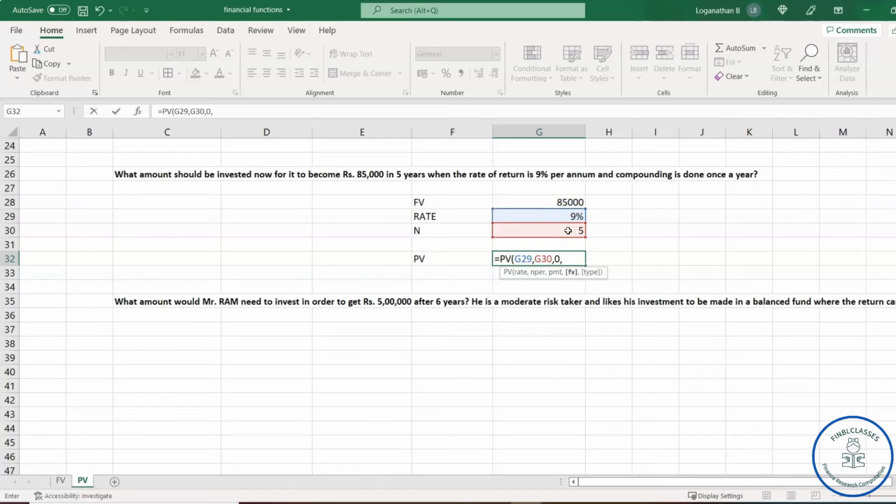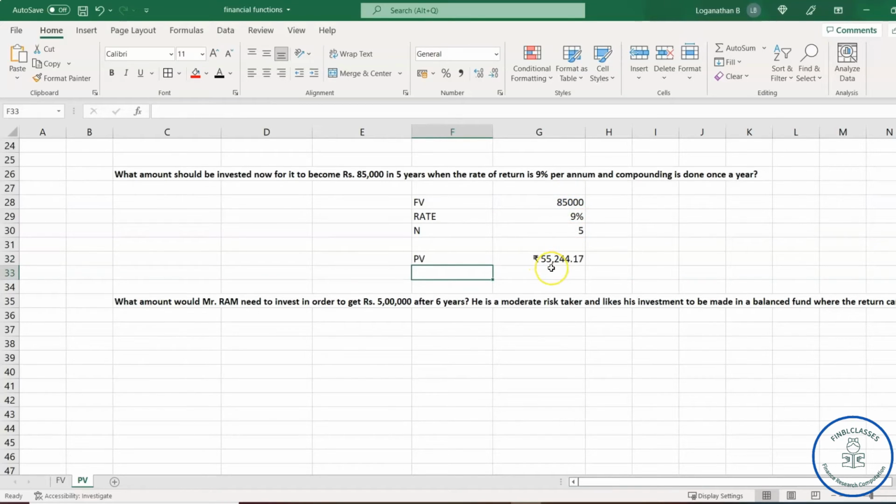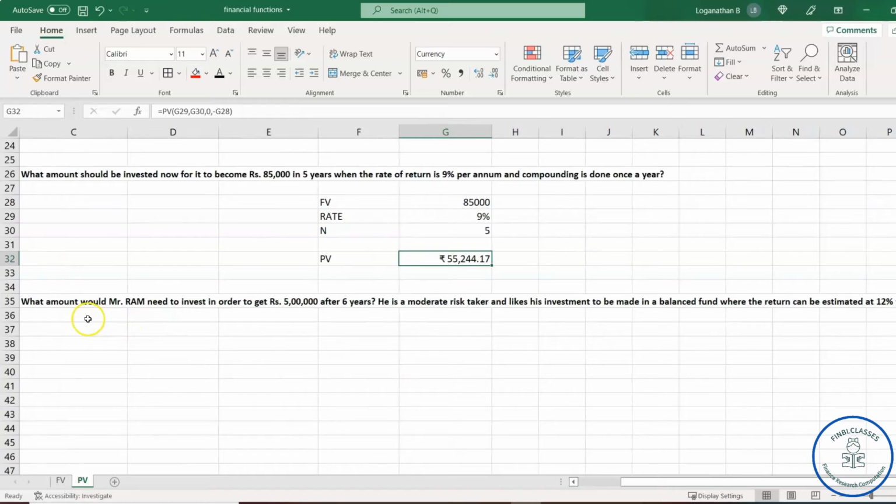And they are asking for the future value, so I put minus and select 85,000, and I close the bracket. The amount is 55,244. So if 55,244.17 is invested now, it will become 85,000 after 5 years if the rate of return is 9% per annum.